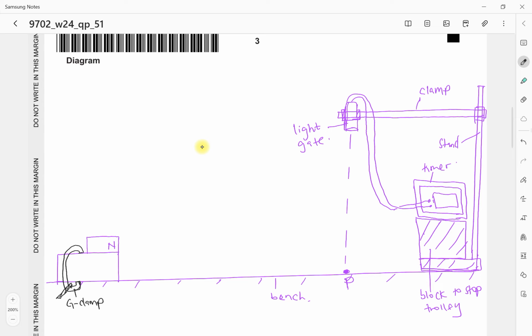So the G clamp is to secure this block. So now I'm going to draw the trolley.